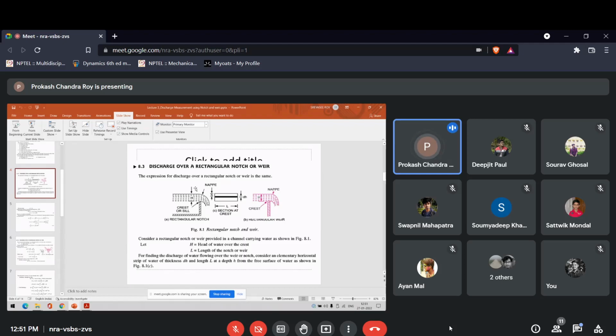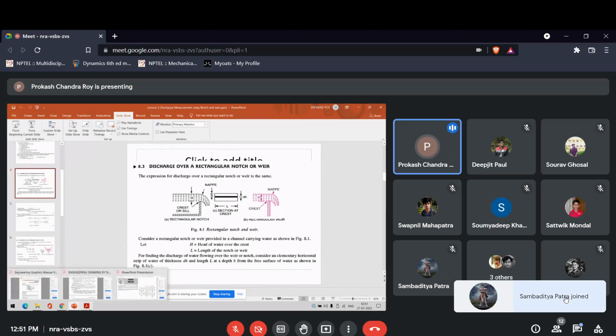That is known as the velocity of approach. So got the idea or understood? Yes, sir. Okay, so when you consider the velocity of approach, obviously the theoretical discharge will be slightly more. Okay, so that is the discussion.